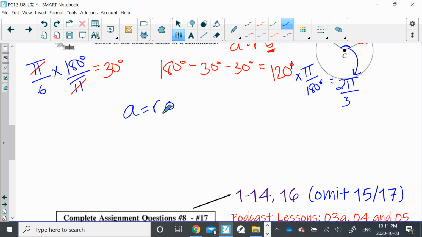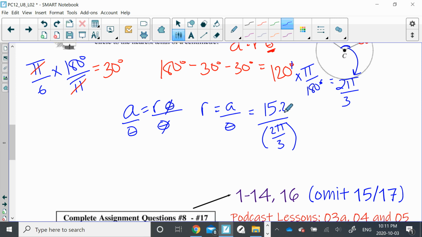They want the radius, so let's get rid of our angle. And we're going to have the radius is equal to our arc length over theta. The arc length that they gave us was 15.2, and theta is 2 pi over 3.